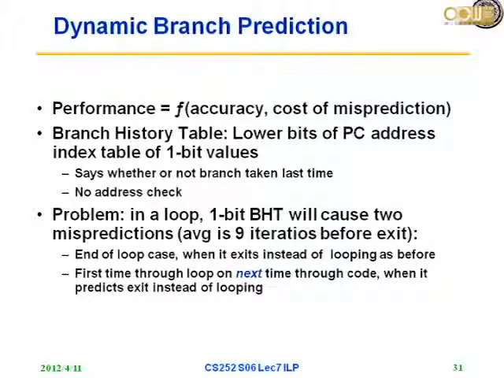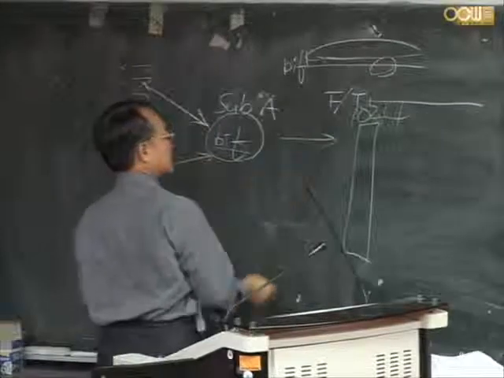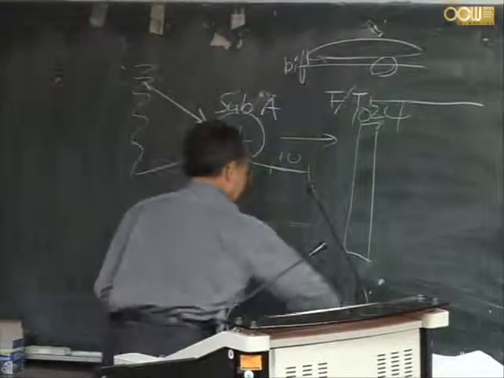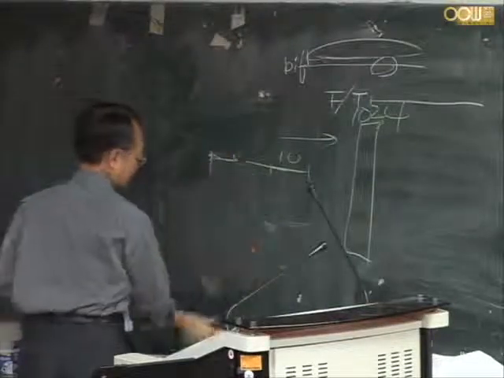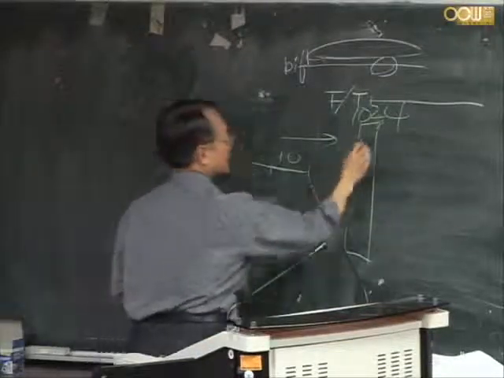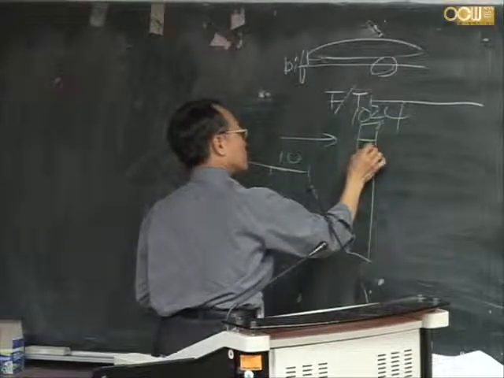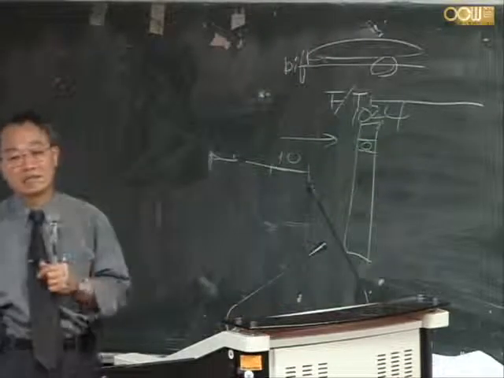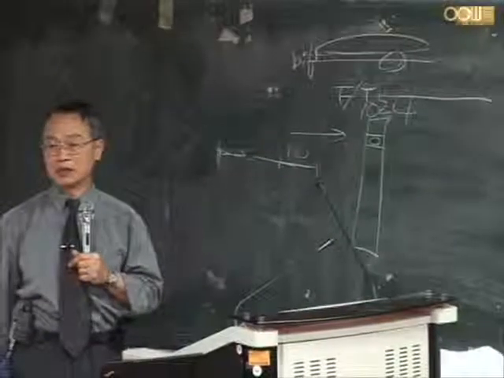Okay, so this table is like this. Maybe 1024 entries indexed by the lower 10 bits of your program counter. And it records whether that branch was taken or not taken last time. Okay, very simple data structure.